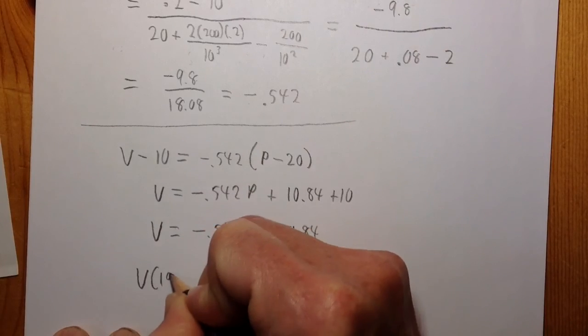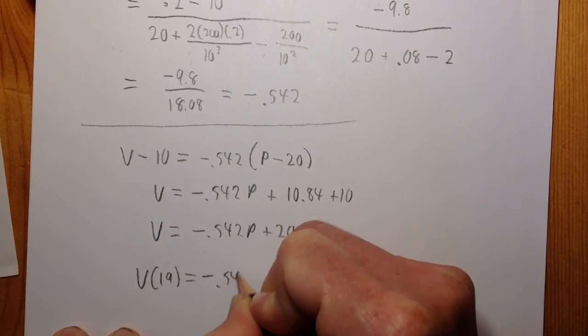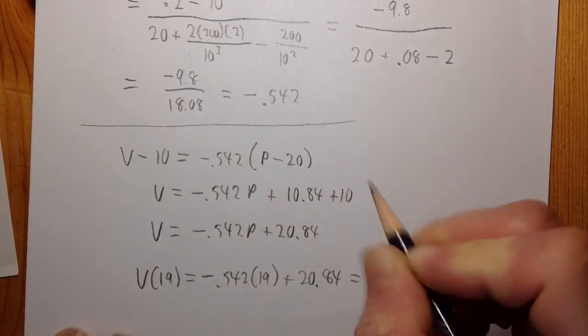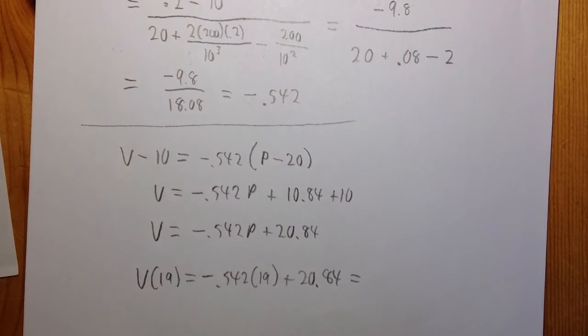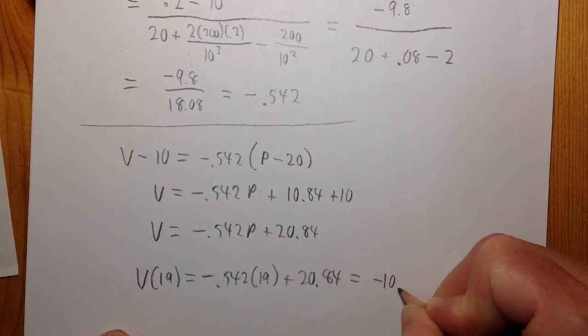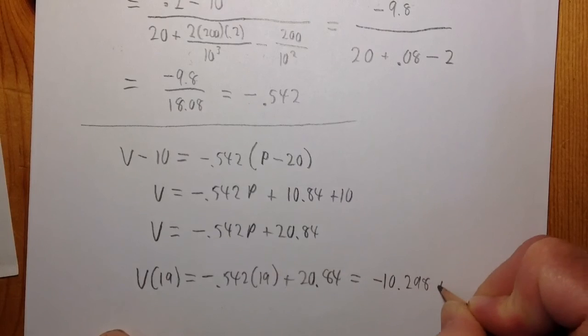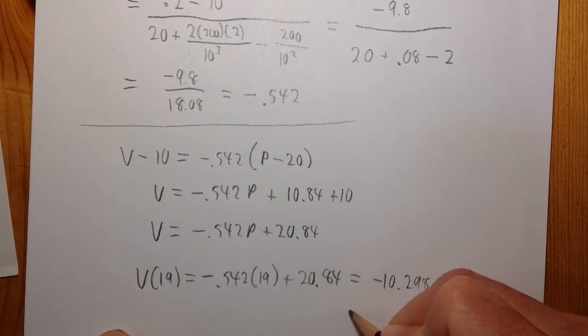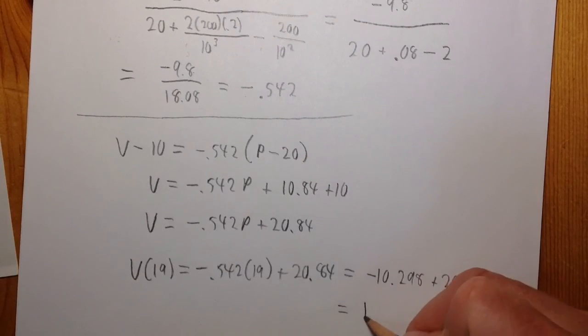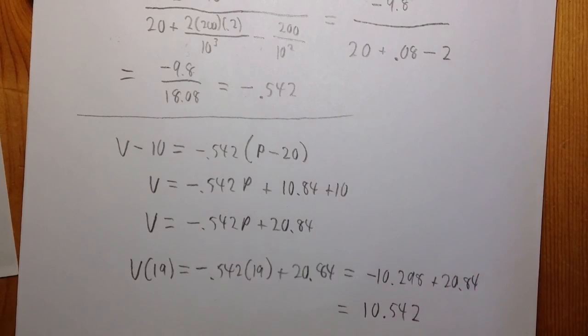The volume at 19 is negative 0.542 times 19 plus 20.84. 0.542 times 19 is negative 10.298, plus 20.84, which is equal to 10.542.